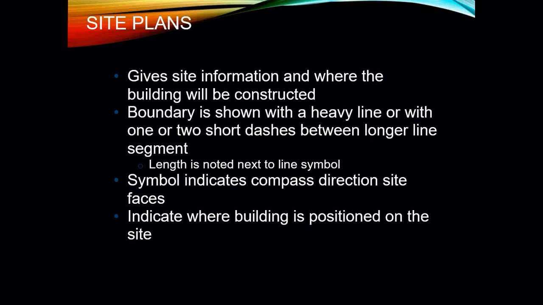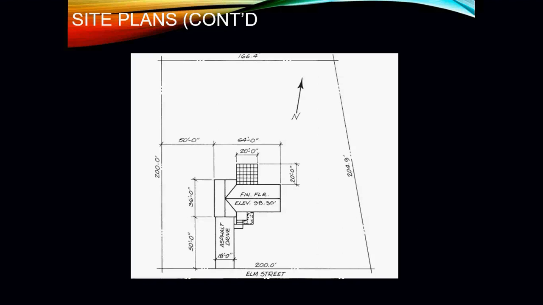It's also going to give you an orientation of how the building is going to be positioned on the actual site. So here's an example of a site plan. Here we have a home. Here you can see the outer lines are giving us our property lines.